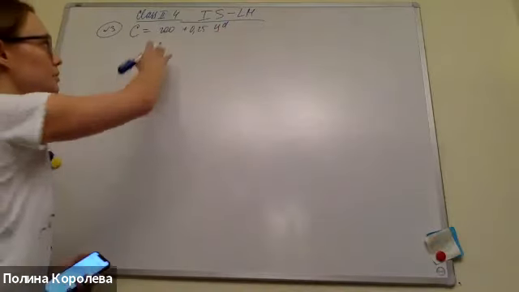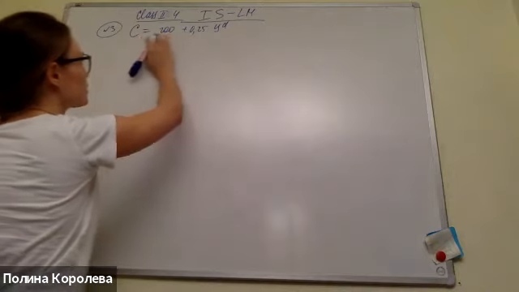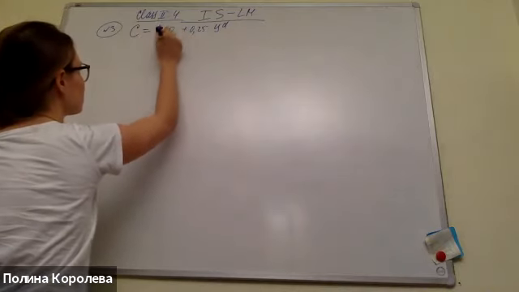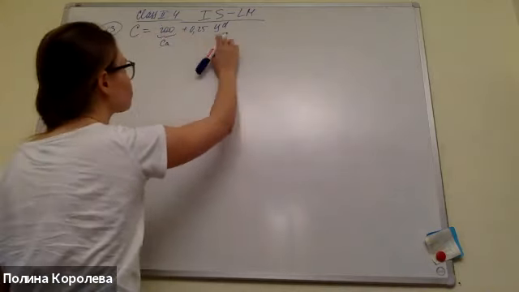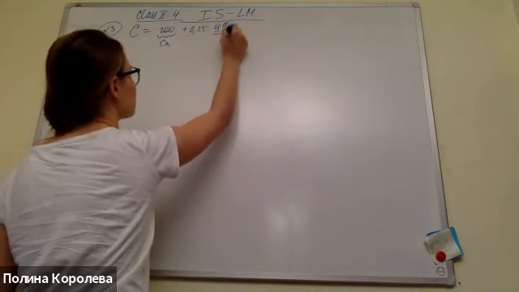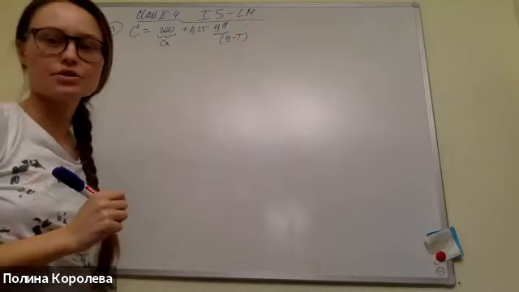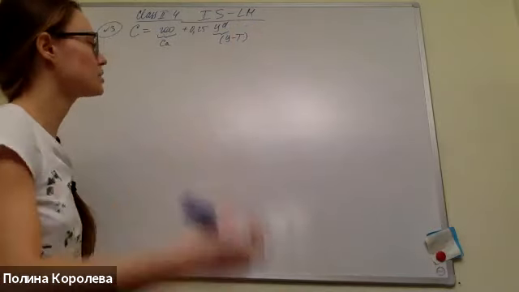So here, as you remember from the Keynesian cross, 200 constant is autonomous consumption. Disposable income is our total income minus taxes, such that we will spend on consumption and saving.